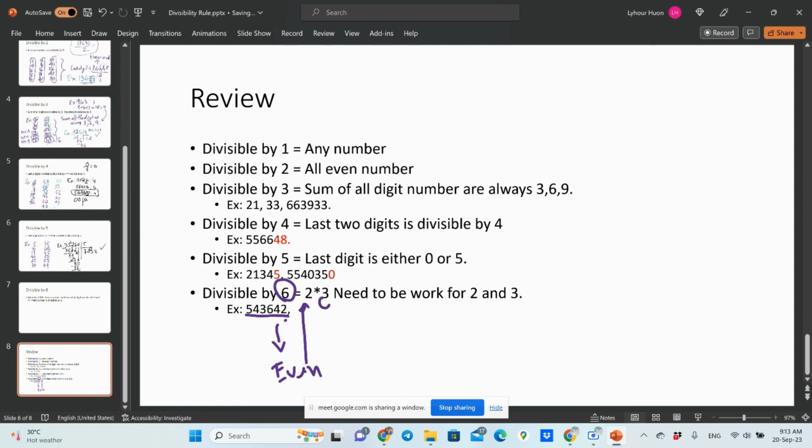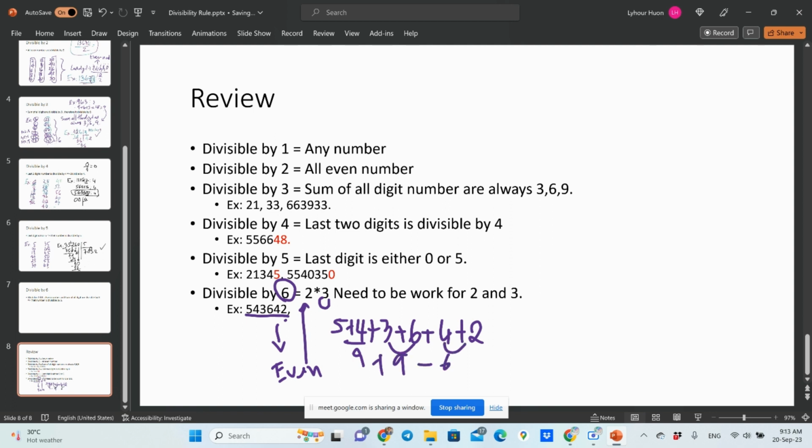Now it has to fulfill the other condition, the one for 3, which is adding all the digits together: 5 plus 4 plus 3 plus 6 plus 4 plus 2. This is 9, this is 9, this is 6.